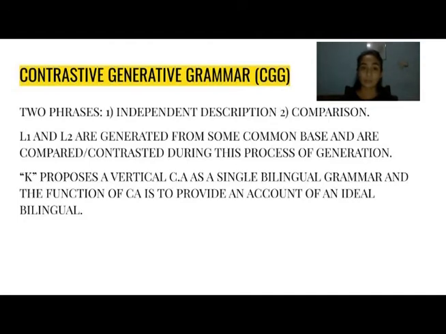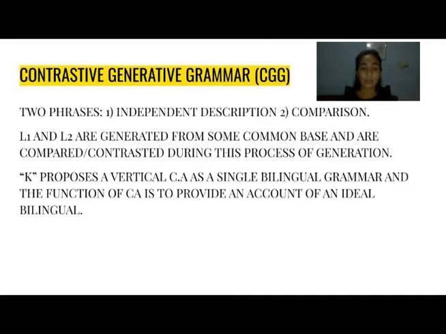He also says that to be a balanced bilingual is to have solved the problems of language one equal to language two, and to have solved the very problems that CA addressed itself to.